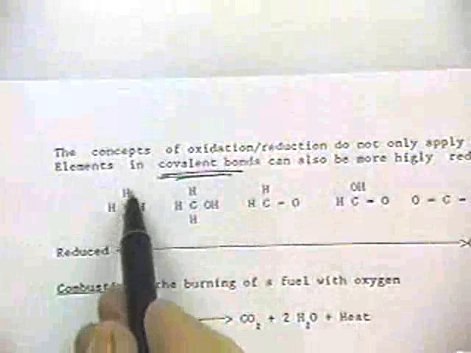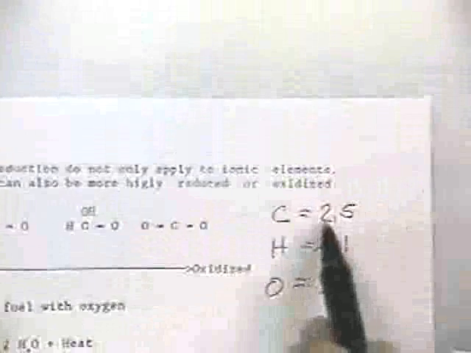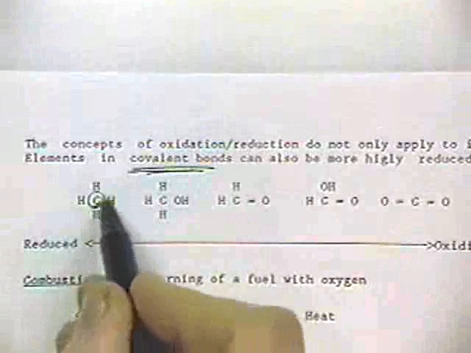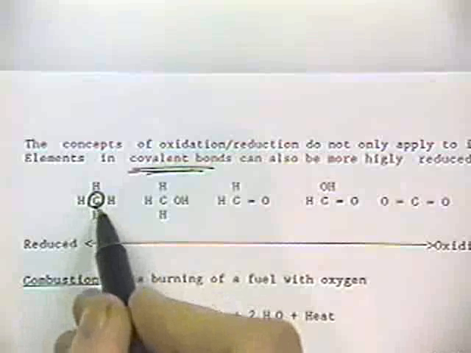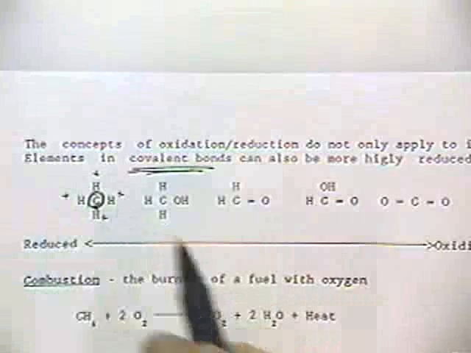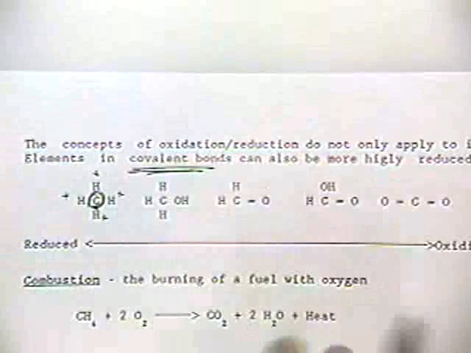Now, let's take a look at the carbon. This carbon is surrounded by 4 hydrogens. The carbon is more electronegative than the hydrogen. So what's going to happen is the electrons are going to spend a little bit more of their time around the central carbon, and these hydrogens are going to have a slight positive charge as a result.